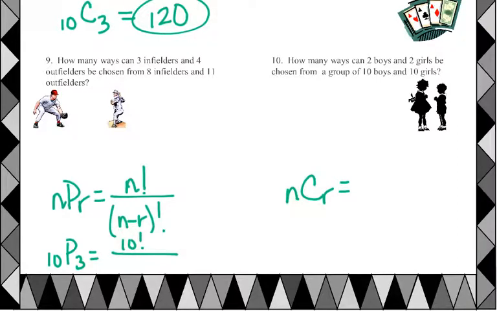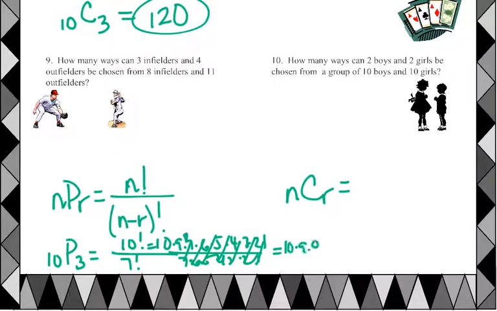So 10 factorial over 7 factorial is 10, 9, 8, 7, 6, 5, 4, 3, 2, 1 over 7, 6, 5, 4, 3, 2, 1. Everything cancels. Oops, I forgot the 8. So this would just end up being 10 times 9 times 8, which is what it would be for having 10 people and putting 3 in order.